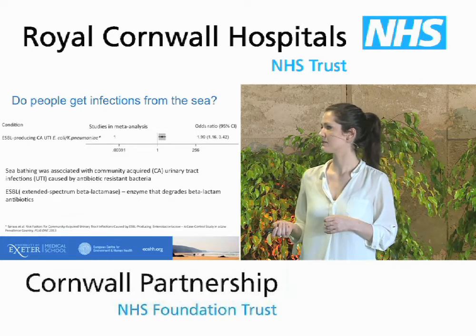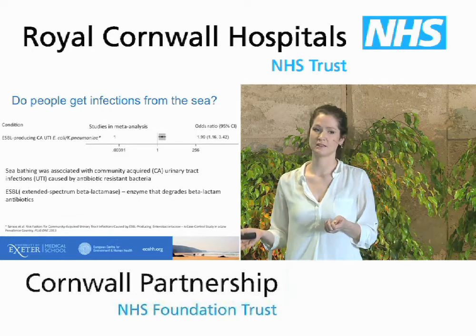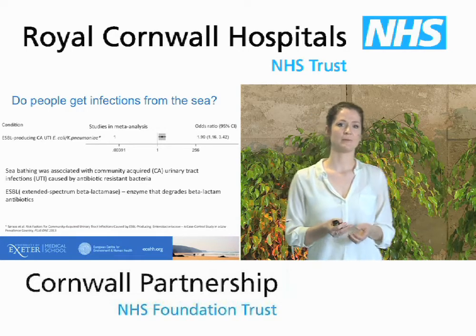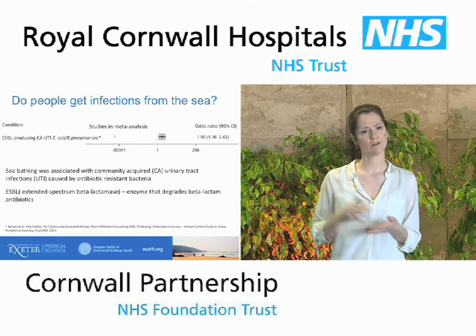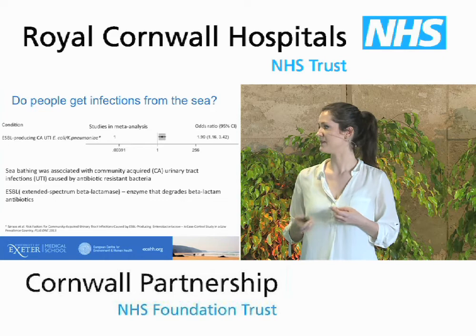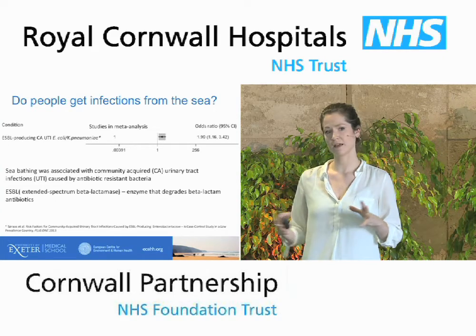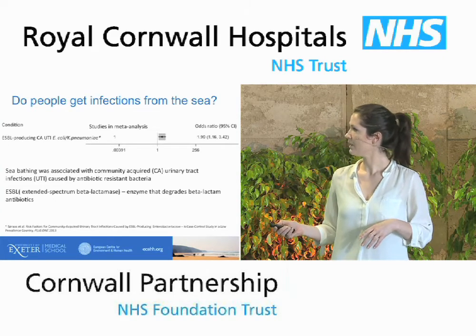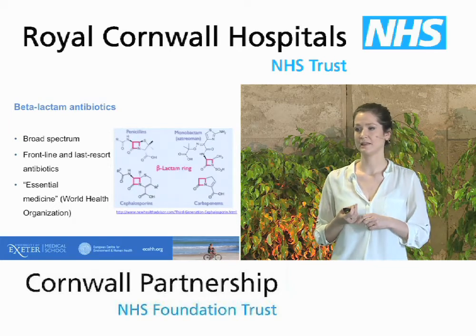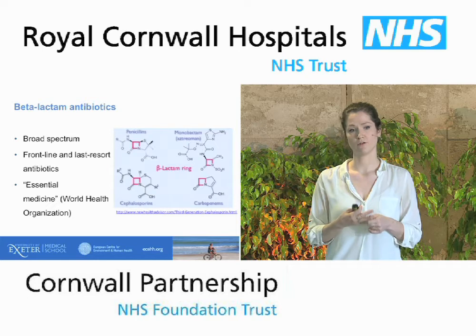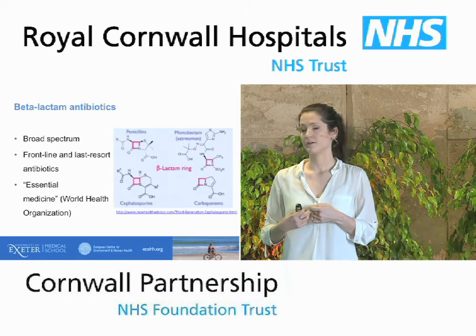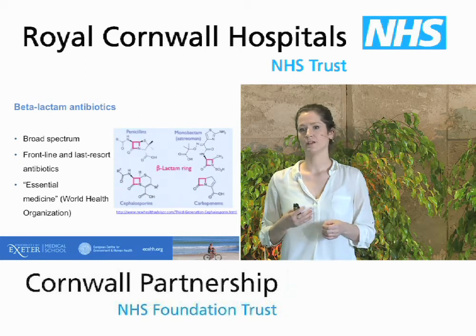And ESBLs, essentially, they're extended spectrum beta-lactamases. They're an enzyme, like Matt said, a bit like a Pac-Man chomping on an antibiotic. They degrade the antibiotic, extended spectrum beta-lactam class antibiotics. And this is a large group of antibiotics, includes penicillins, third generation, fourth generation cephalosporins, as well as the carbapenems. These are really important antibiotics.